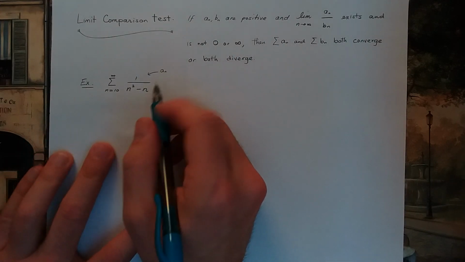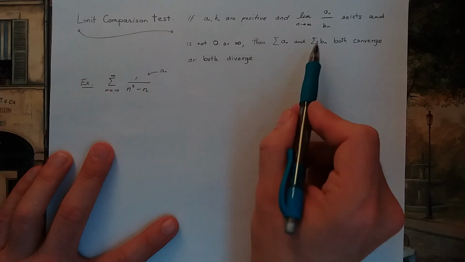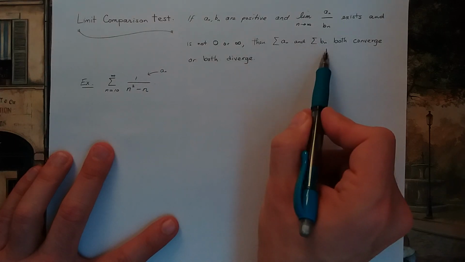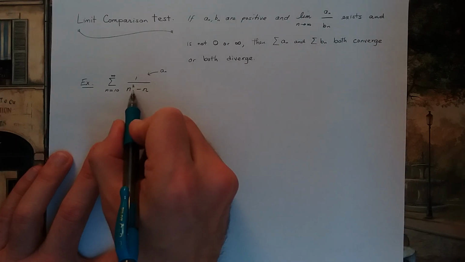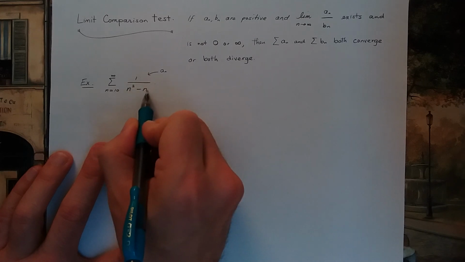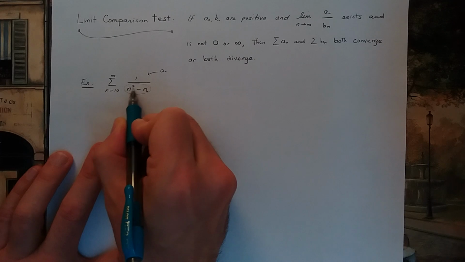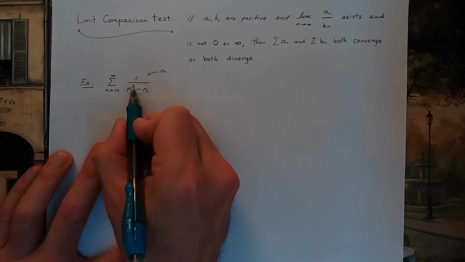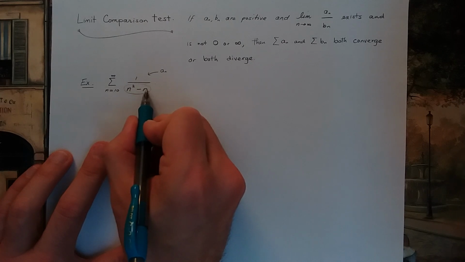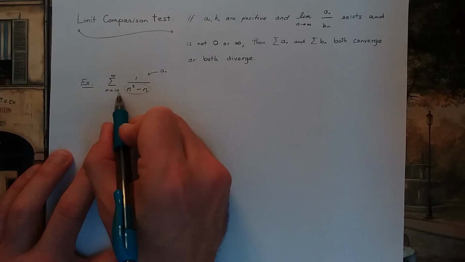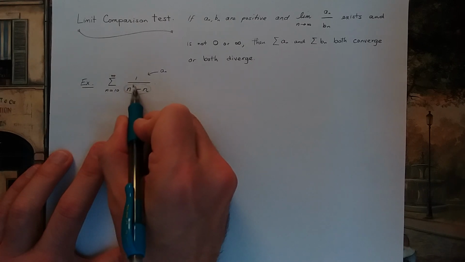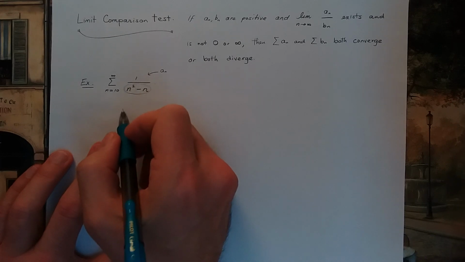Now, here's how to get intuition about how to select the second sum. I'm going to decide that the term that really affects the behavior is n squared. So n squared dwarfs n for large values of n. So the most important term on the bottom is definitely n squared.